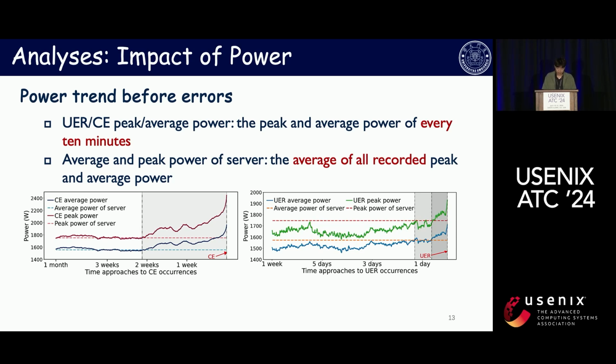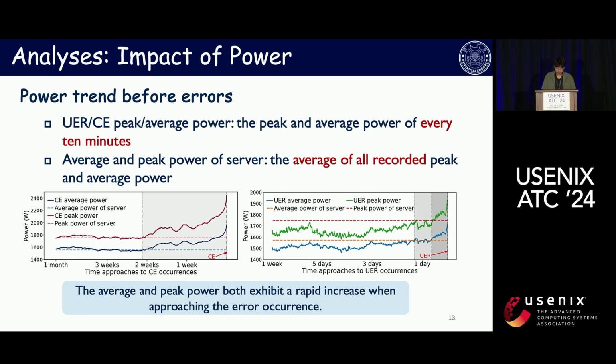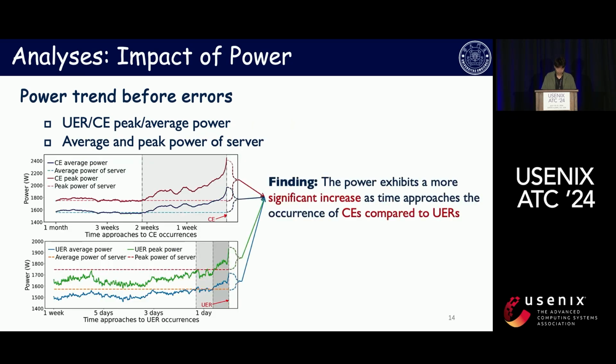We compare the power before error occurrence with the average power of the server. We track the power before CEs for a month and monitor the power before UERs for 1 day. We find that both average and peak power increase rapidly as the time approaches the occurrence of CEs or UERs.